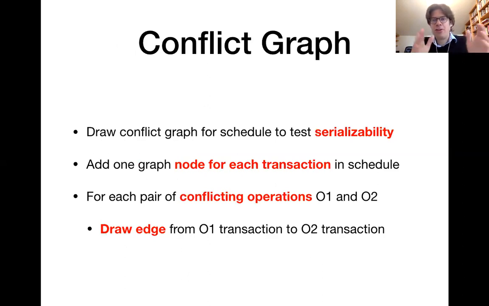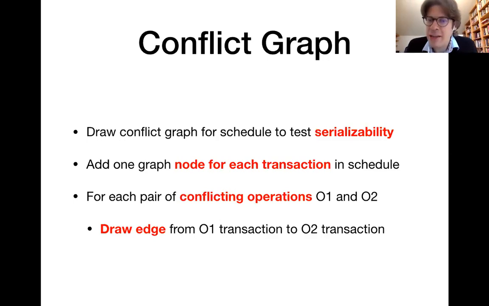All right, so this is the definition of the conflict graph. If we want to find out whether one schedule is conflict serializable, then we are drawing this conflict graph for it. In the conflict graph, we introduce one node for each of the transactions in the schedule.